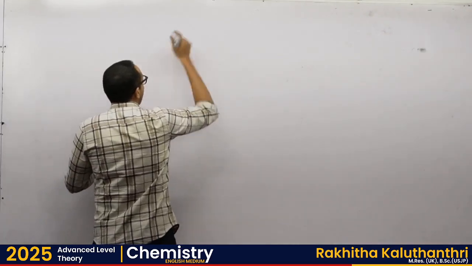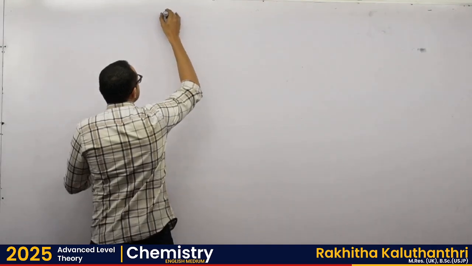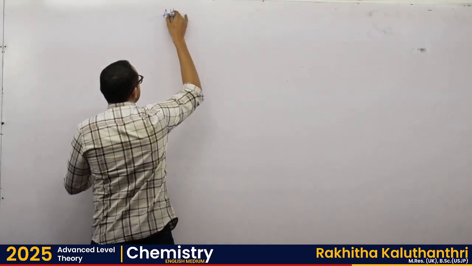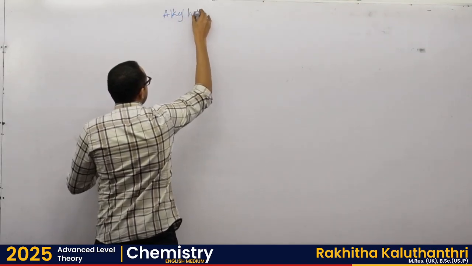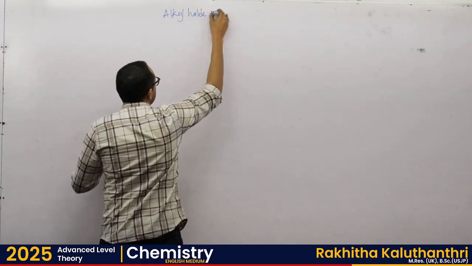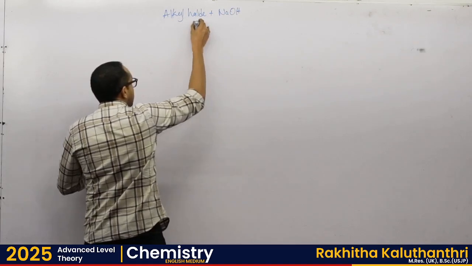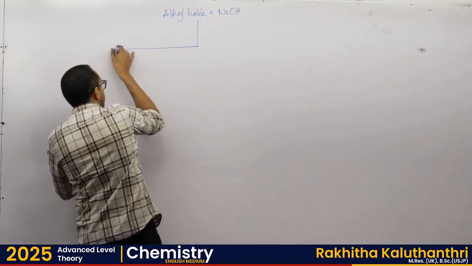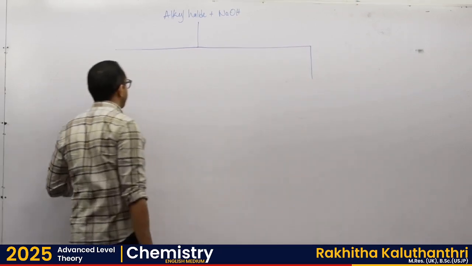Now when it comes to alkyl halides, there are two main types of reactions that could take place.